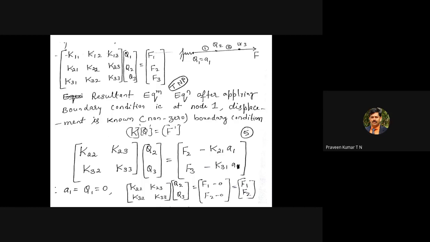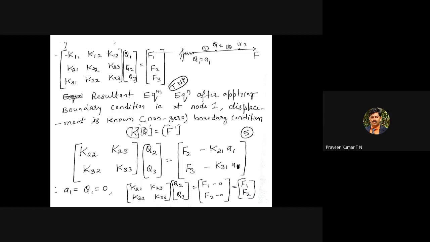In the left side we have K31 and K21, and those are moved to the right side. The boundary condition given is Q1 is equal to A1. Then the remaining procedure is the same, no change.